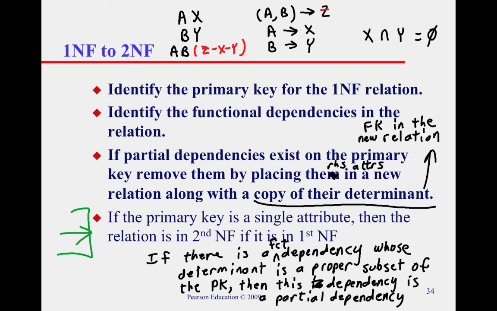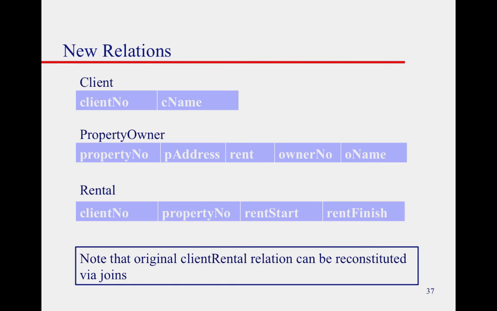Okay, so in this one, owner name is a transitively determined attribute. It was determined by owner number.